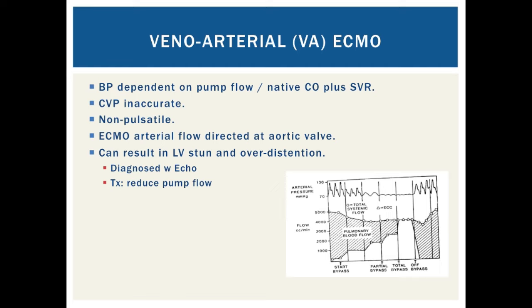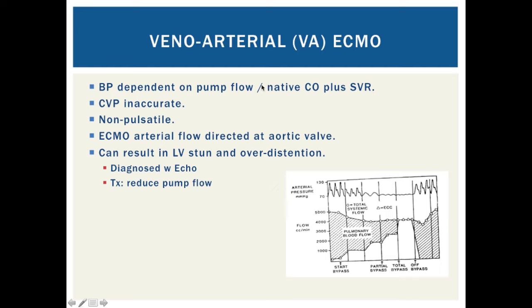And another interesting thing is here, you can see, this is a picture of bypass, but as the bypass flow is going up, you see the pulse go down. That's the whole point: as more and more blood goes through the pump and you have less going through your heart, well, the pump doesn't have a pulse. It just continuously pumps through the blood, so you lose your pulse, which is just interesting. It's a weird little quirk of the system.